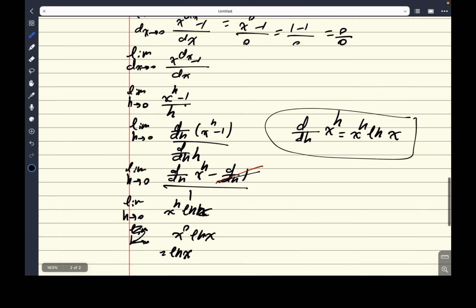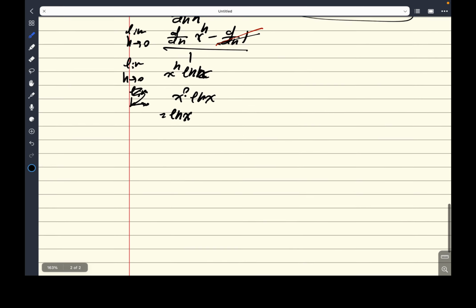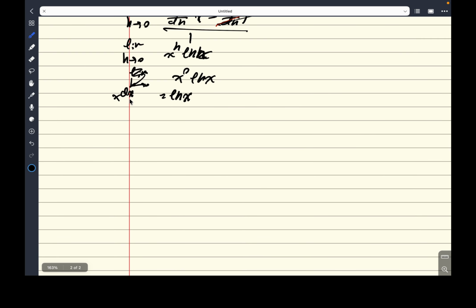Thus, we concluded that x to the dx minus 1 over dx is ln x.